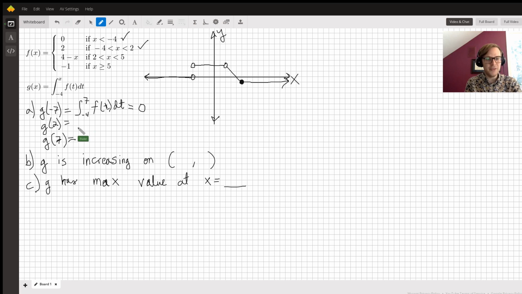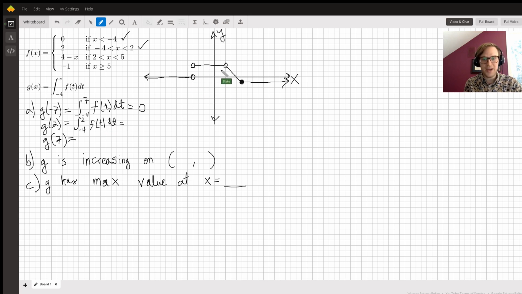For g of 2, this wants the integral from -4 to 2 of f of t dt, which would be the area under the curve from -4 to 2.